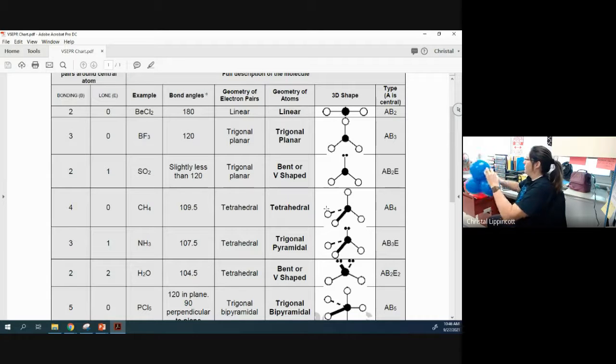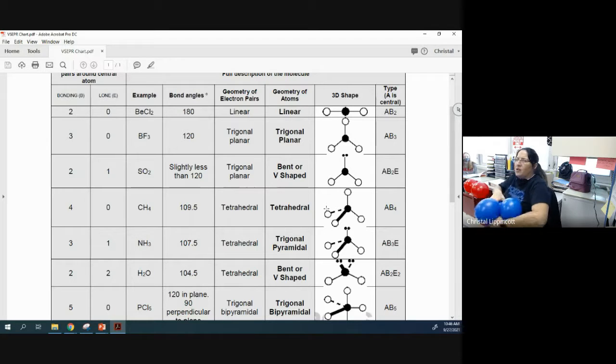So tetrahedral, these are all similar elements. There's no lone pairs, okay? So the angle here, and this one you just got to memorize, is 109.5. But tetra means what? 4. Okay, so you've got 4 elements. So that one's an easy one to remember, right? Okay, so that's your tetrahedral.